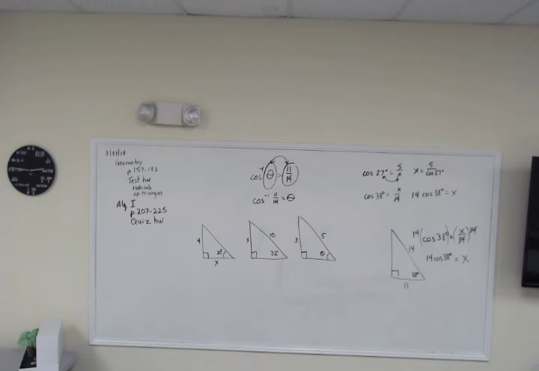Did I say sine? Yeah, sine. 10 times sine 32, because you multiply. I got 5. Such a complex equation for 5.